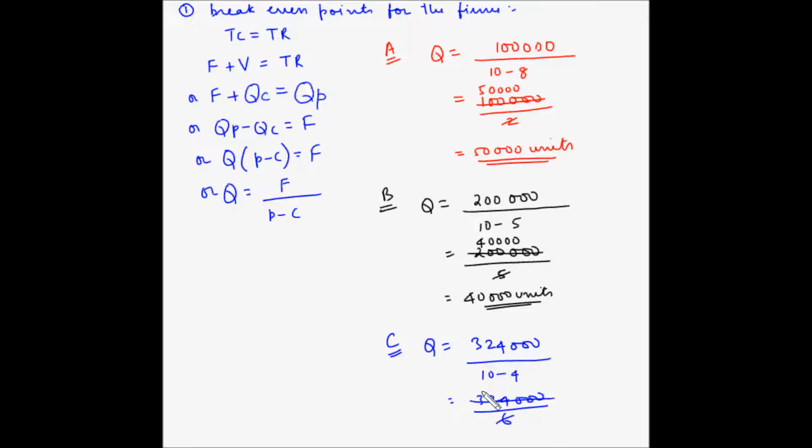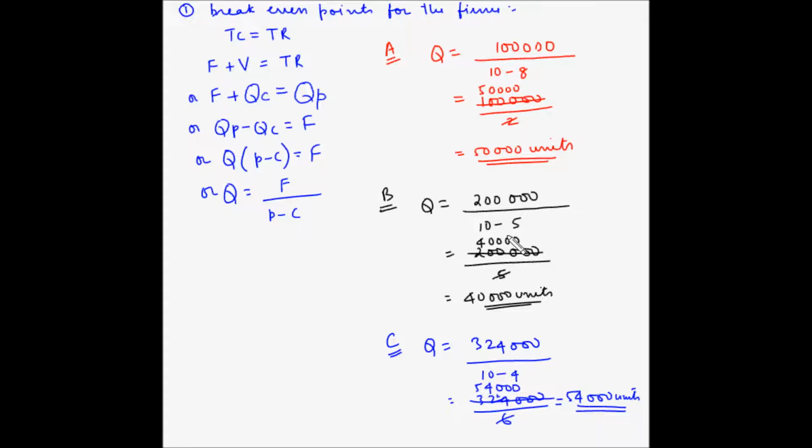Now 6 5s are 30, 2 carry over, 6 4s are 24, and then 0, 0, 0. So this is equal to 54,000 units. So firm A will break even after it has produced 50,000 units.